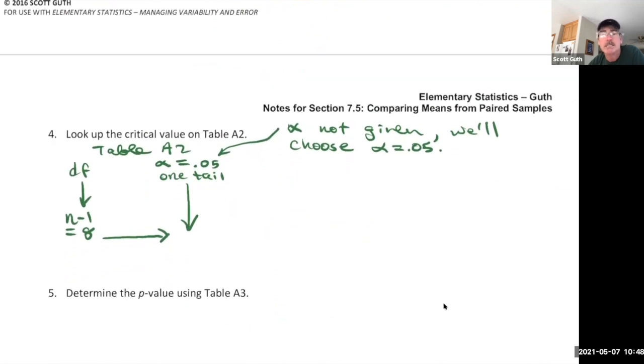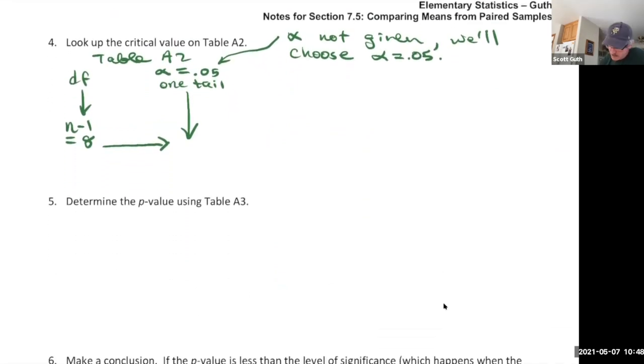Okay, so regardless, let's get back. This is a one-tailed test. Does anybody remember what the critical value was? 1.860. Thank you so much. So this is what's required for statistical significance, but do remember this one was a left tail test.